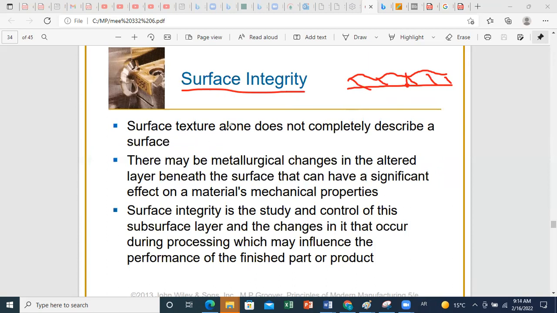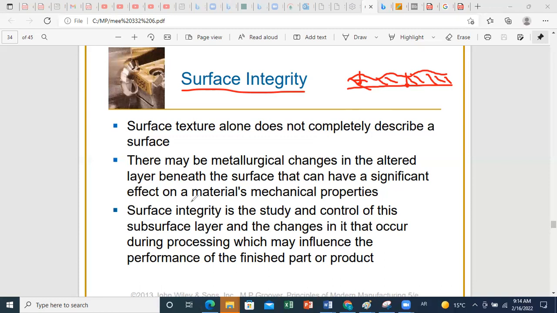As we said, surface texture alone does not completely describe the surface. We should also consider what is happening below the top surface. So there may be metallurgical changes in the altered layer beneath the surface that can have a significant effect on a material's mechanical properties. We'll take together several examples of how the characteristics of this layer can be an indication of some manufacturing processes that were used to get our final product.